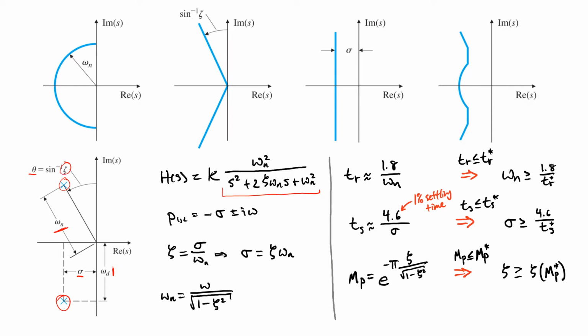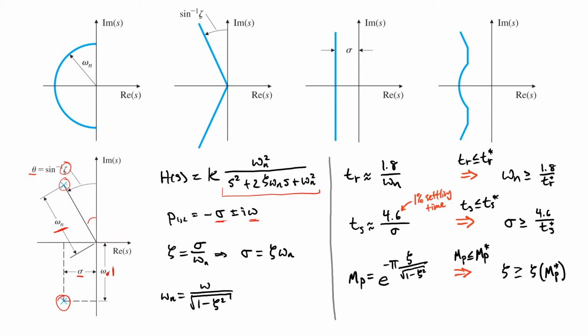That damping ratio is related to this angle, but it's not equal to the phase. I'm going to call this omega d just omega, so the real part is sigma and the imaginary part is omega, and that represents the location of these closed loop poles in a rectangular sense.